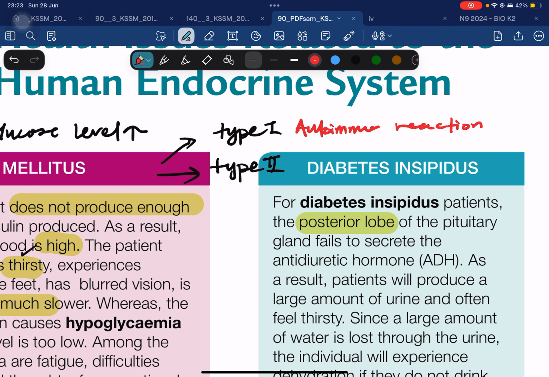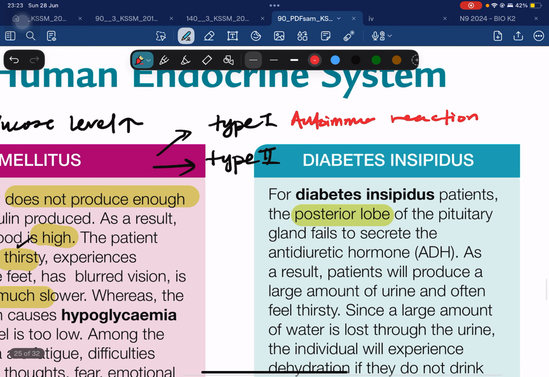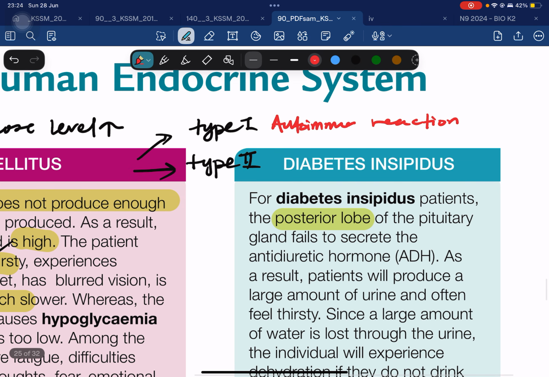So which is our insulin producing cell? We have to know about it. The answer is the beta cells of the pancreas, which help to produce insulin. So when the autoimmune reaction occurs, your immune system mistakenly attacks the beta cells, causing your body to be unable to produce or use insulin. So that's why type 1 diabetes occurs. And type 2 diabetes is basically contributed by your lifestyle or even genetic factors. But this is just extra information.